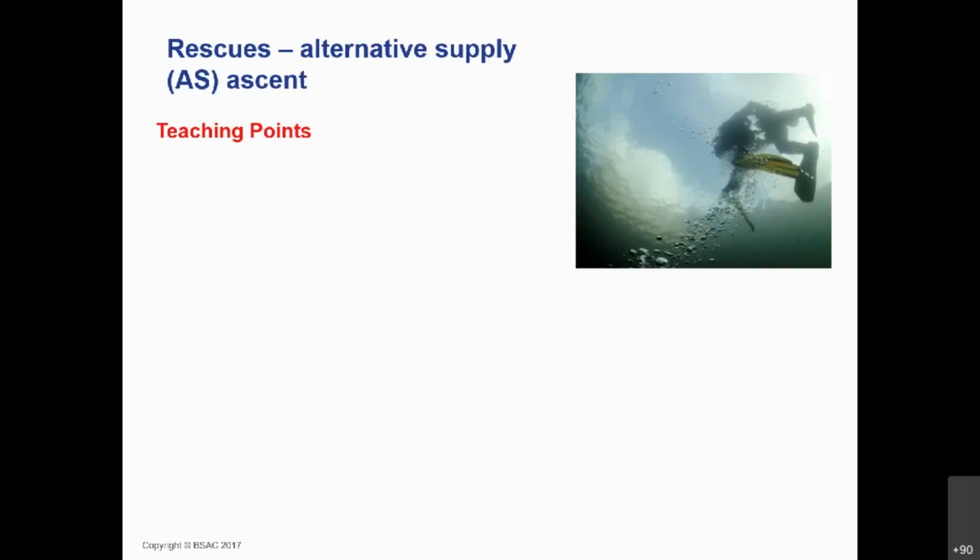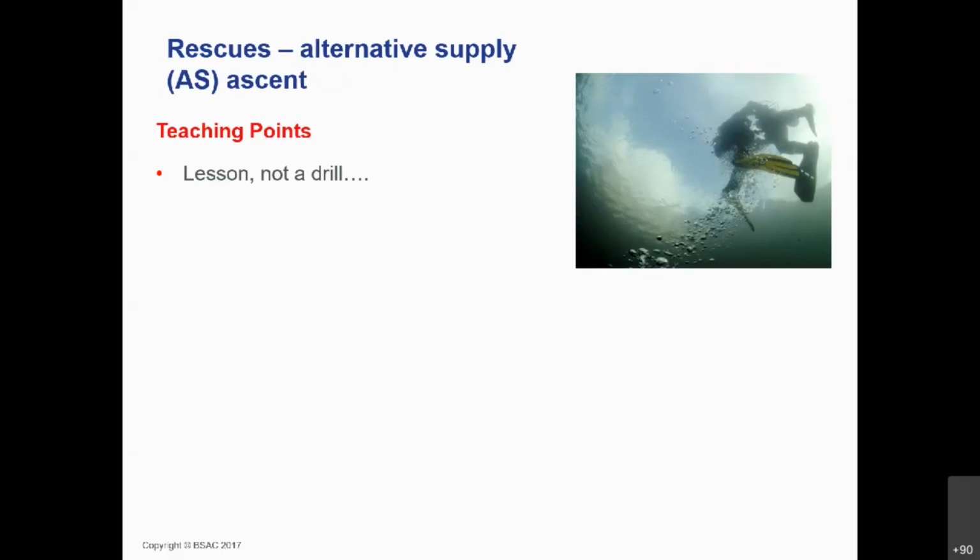The first thing I'll say, and this comes from back in the depths of time when I started doing this, we all dreaded going for our rescue drills, and for me it was heading over to Wastwater to do controlled buoyant lift and alternate source ascent in cold water with lots of bubbles and lots of stress around, and very much you'd only really had a bit of a chance to practice this in the pool. So we all dreaded that. We're just expected to perform with very little practice, very little chance to try it out.